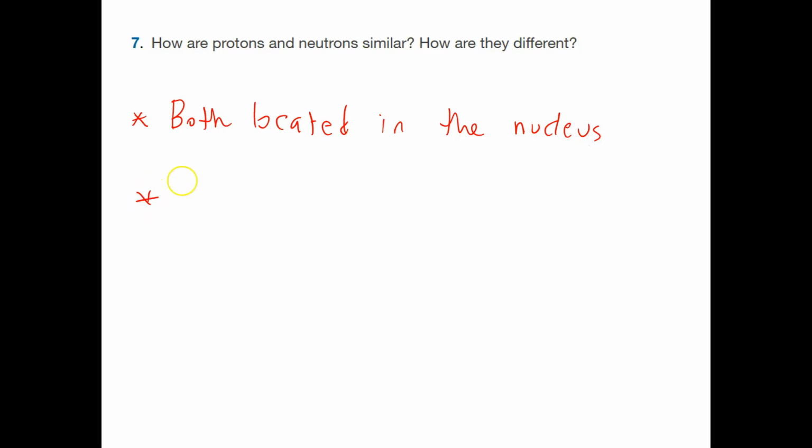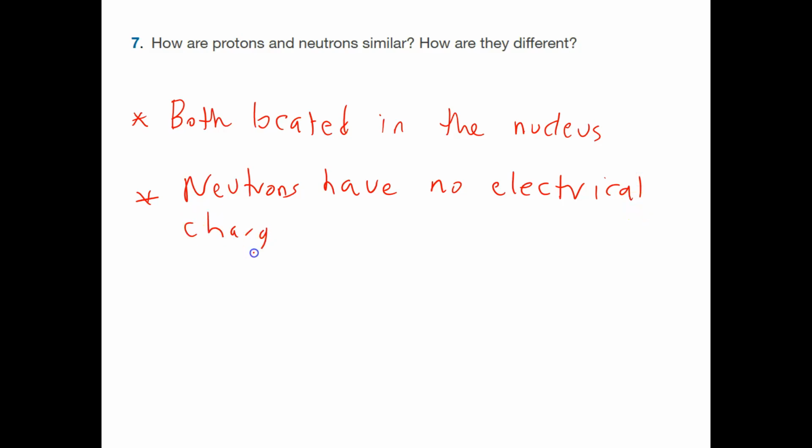Well, how they are different is that neutrons have no electrical charge, and protons are positively charged.